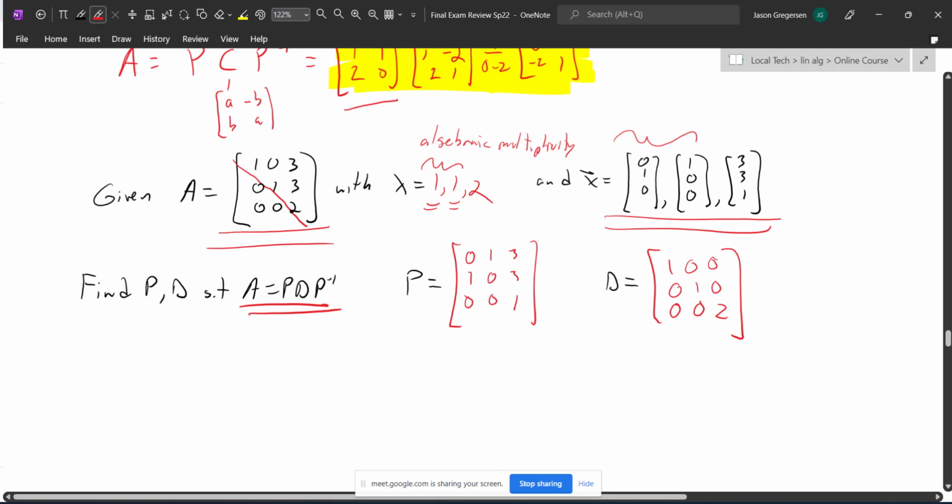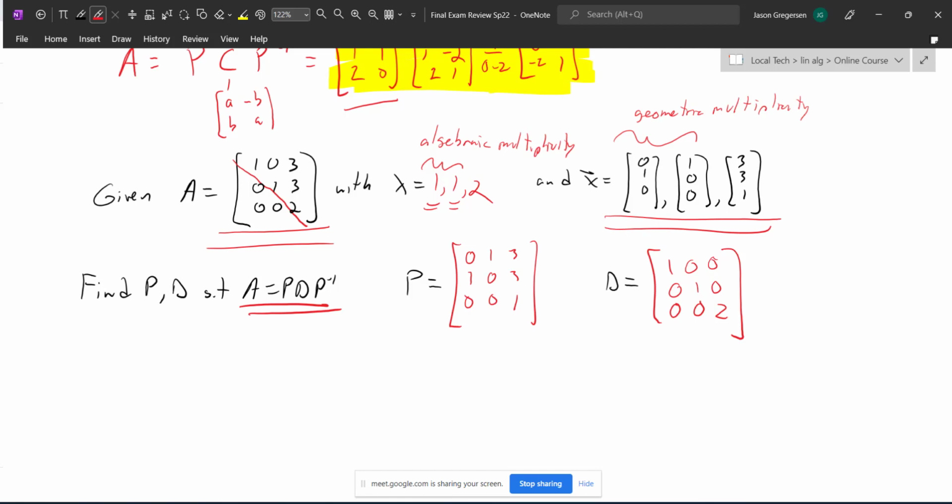The number of eigenvectors I get from each eigenvalue is called the geometric multiplicity. So in this case, the geometric multiplicity of lambda equals 1 is also equal to 2. And because those two values were equal, I was able to diagonalize the matrix.